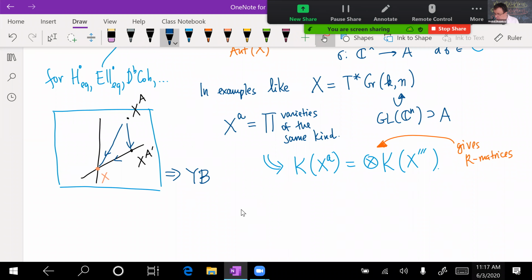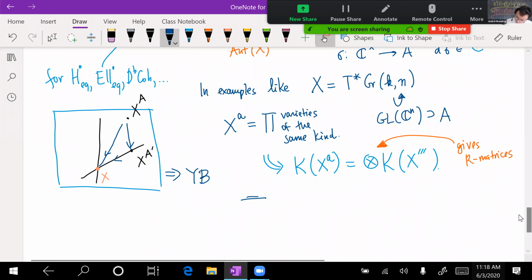All right, let me look at my notes. Since this is supposed to be a very pedagogical course, we have to talk about what the cohomology theories are.